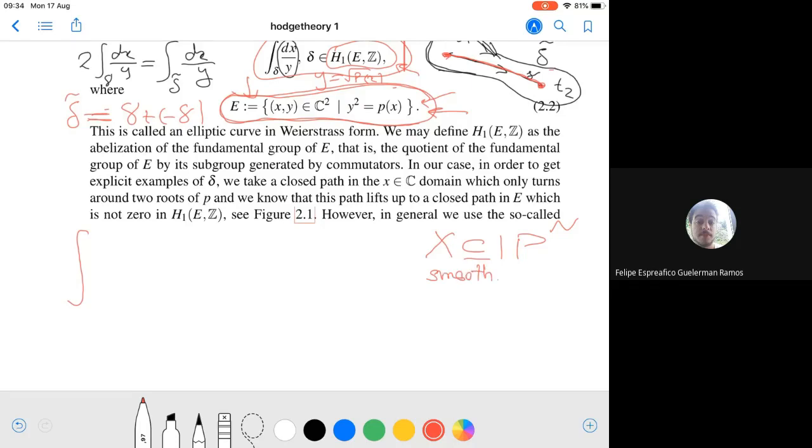This has to do with the fact that we have to compactify our elliptic curve. Something we have to get familiar with during the course is the complex numbers, and at some point we will see that part of the theory can be done over an arbitrary field.